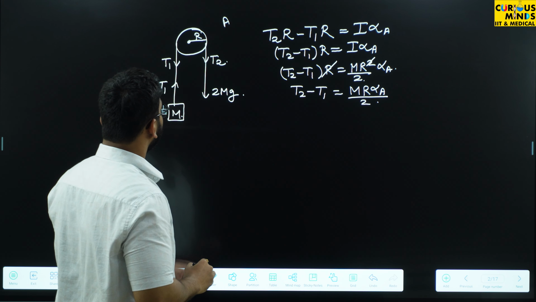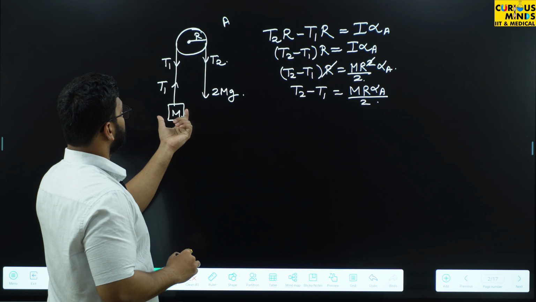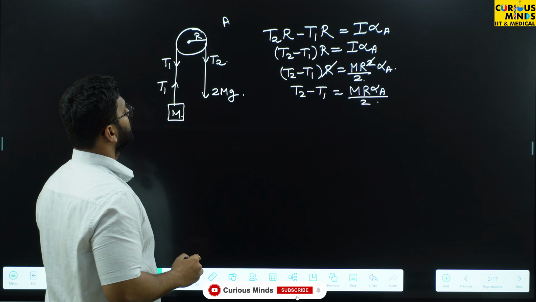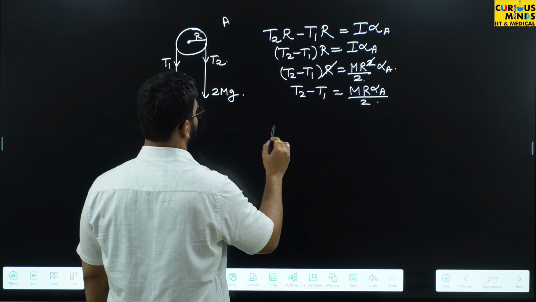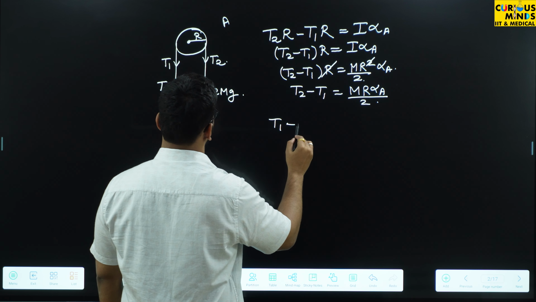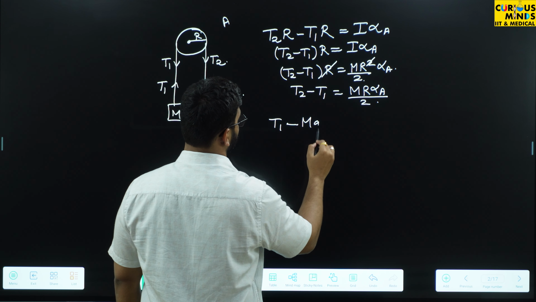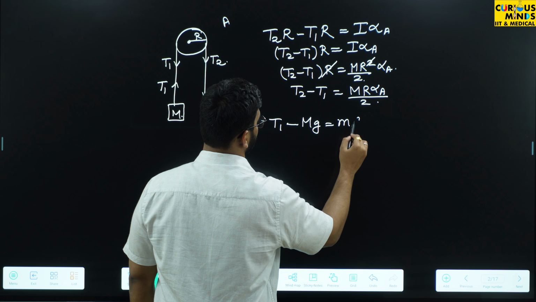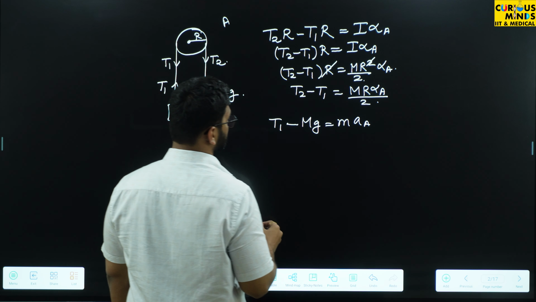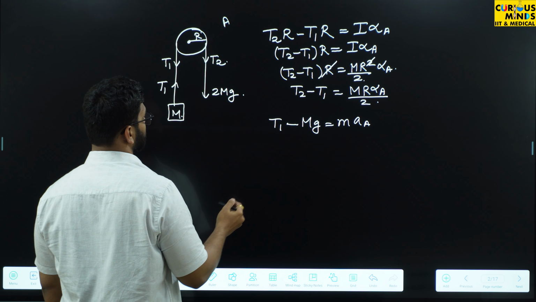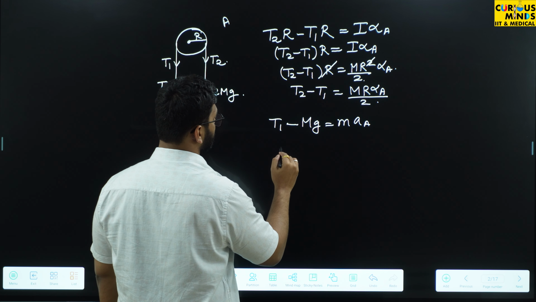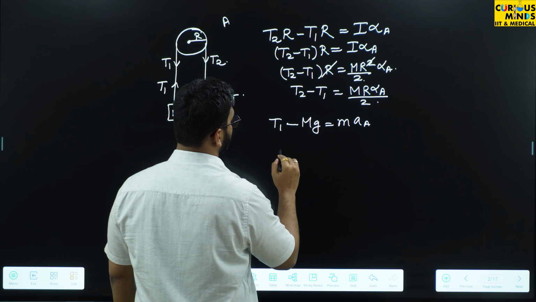Now what is the acceleration of this mass m? The acceleration of this mass m will be given by T1 minus mg is equal to m into a A. T1 we don't know.